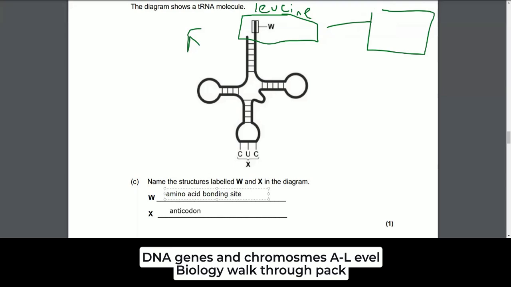It's where the amino acid attaches or bonds to the tRNA. Of course, the amino acid is left behind when tRNA leaves, as the next tRNA molecule comes. Okay, and that is going to get you a mark. You needed both to get a mark. That's quite difficult, actually. I guess anticodon everyone would have got, but the amino acid binding site may have slipped a few people up. Right, let's go down.